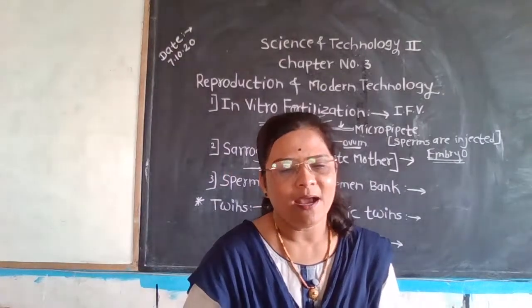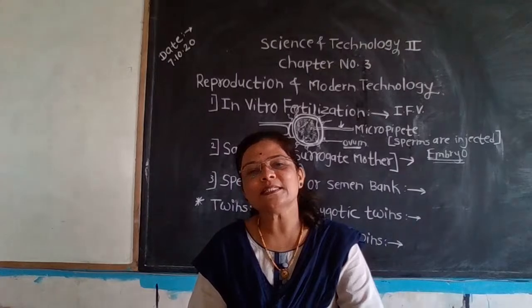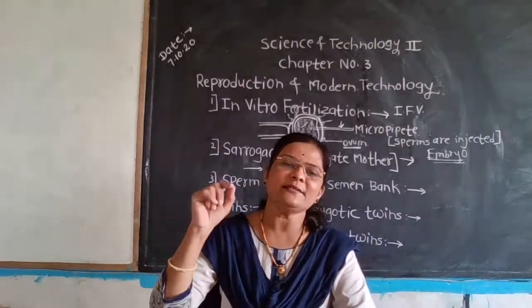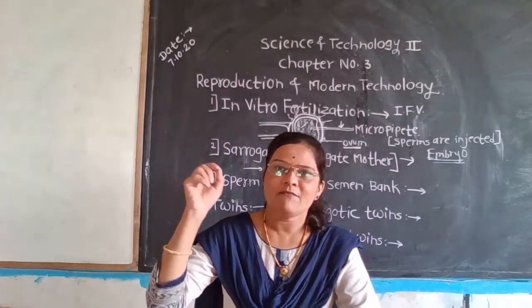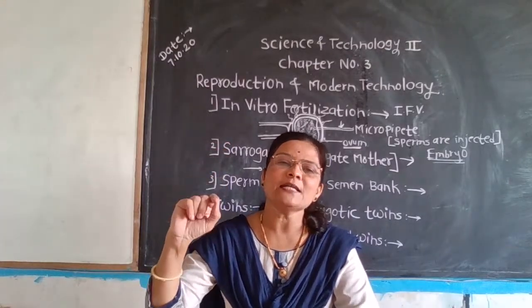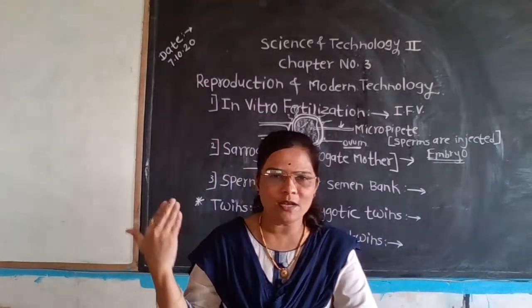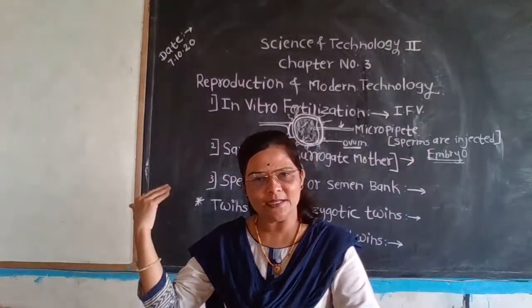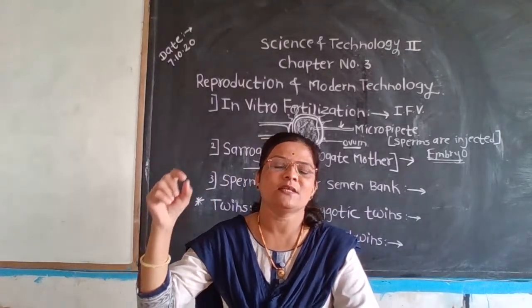Some women have problems in implantation. Students, surrogacy is the modern medical technique of reproduction in case of females whenever there are obstacles in the oviduct. Last period, we learned that in the oviduct, the sperm goes and fertilization takes place.